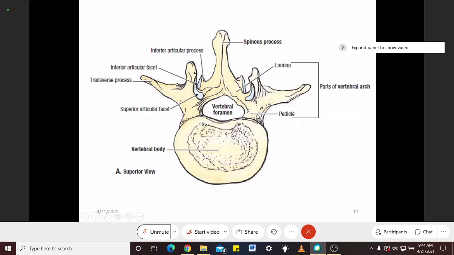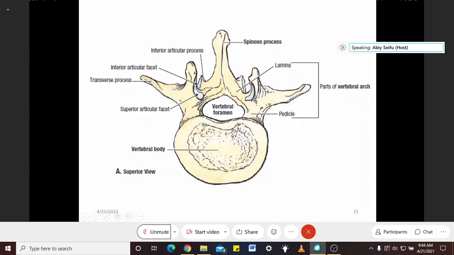You see here, it is the pedicle that attaches to the posterior surface of the body, and there is also a lamina. Together they form the vertebral arch, and at its junction there are processes that arise from it. For instance, this one is the superior articular process, and here is the inferior articular process. Posterolaterally there is the transverse process.